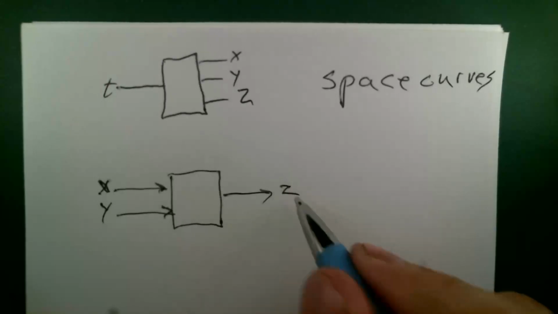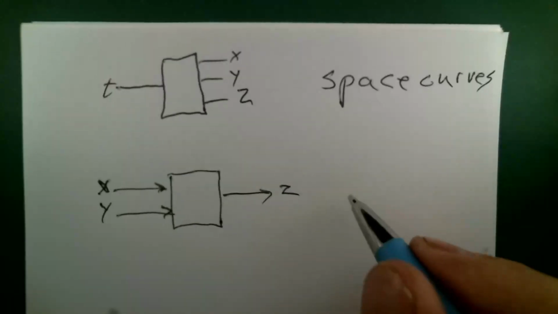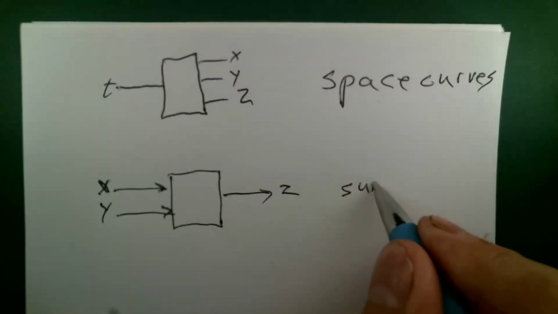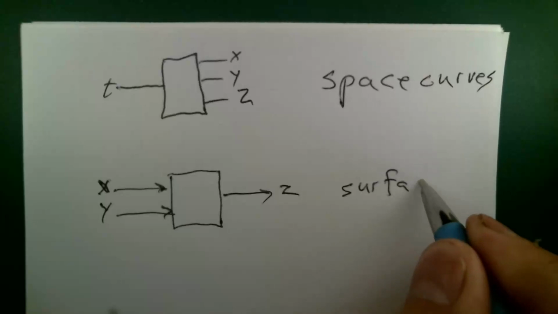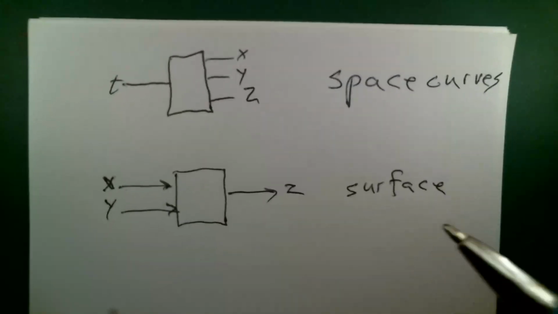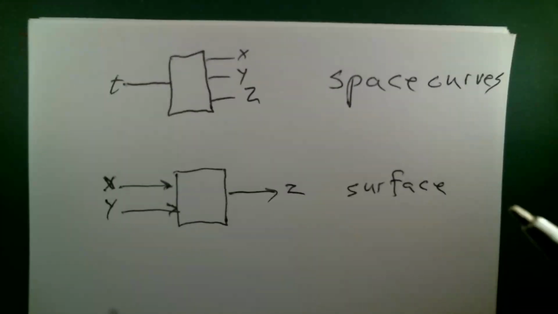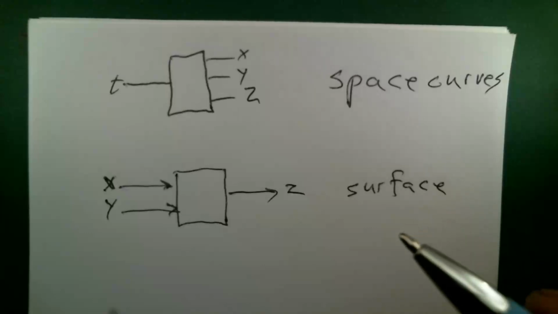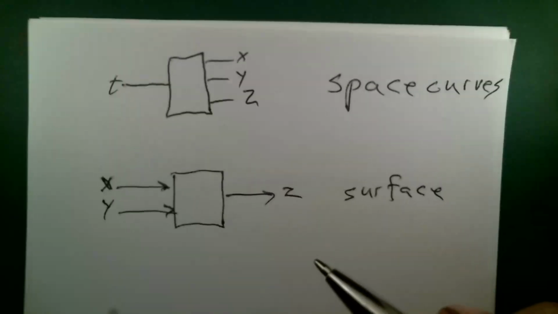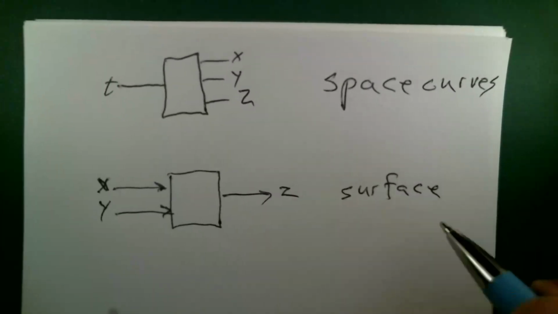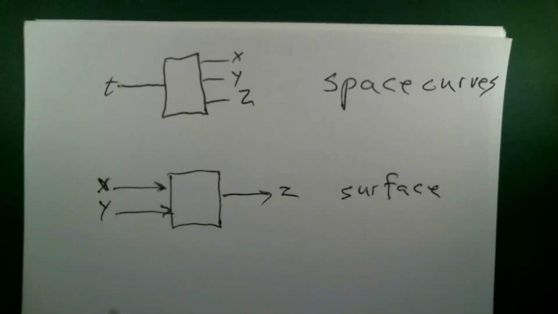And z is a function of that, and that's a surface. Now, we can't really visualize it anymore if it has 3 inputs and an output, but it's the hyper version of a surface, and we could still do integrals with that, and we could still work with things like that.